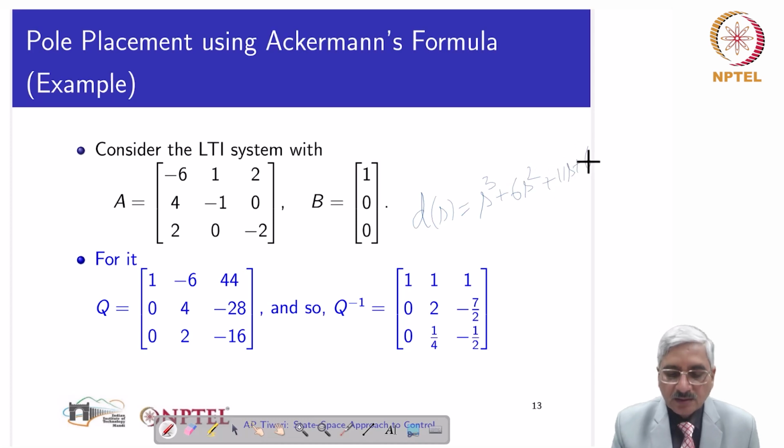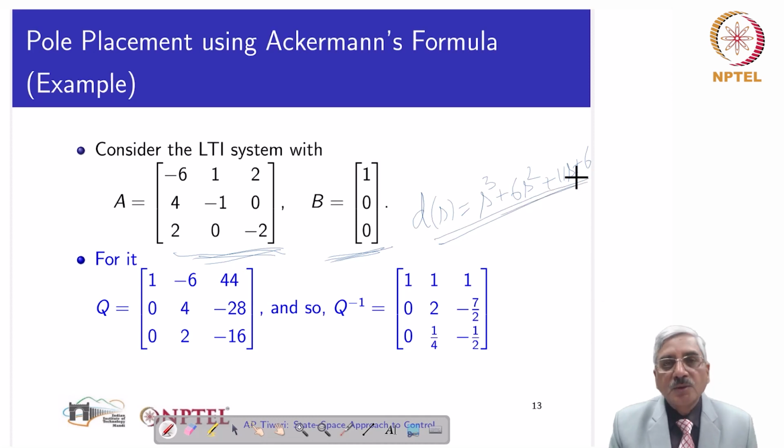So we want to design a state feedback gain K so that for this input matrix and this system matrix, the closed loop poles will be at minus 1, minus 2 and minus 3, and the corresponding closed loop system characteristic polynomial will be this.